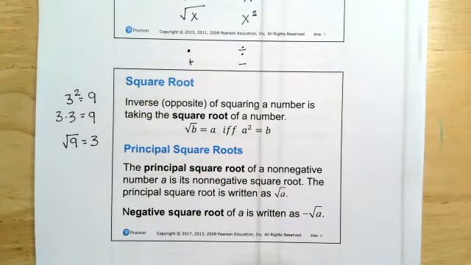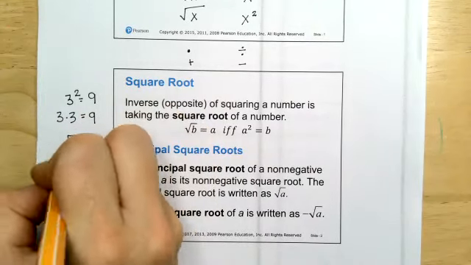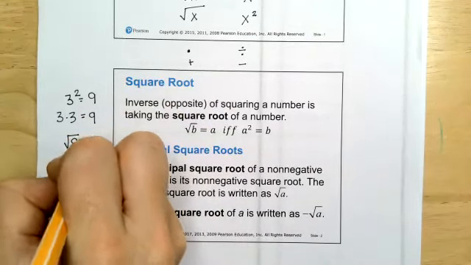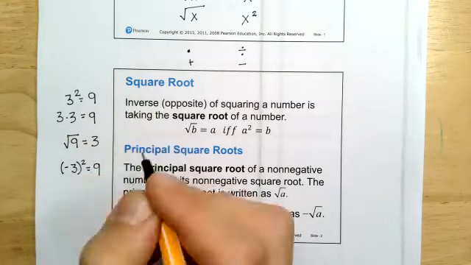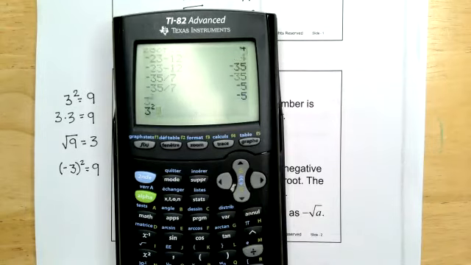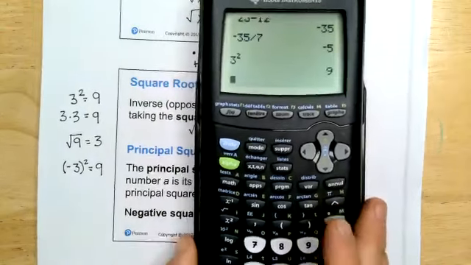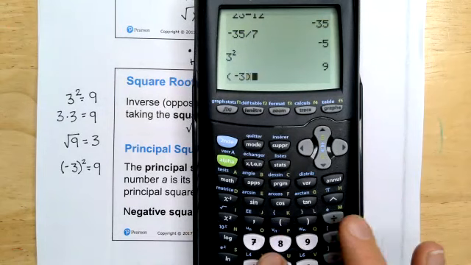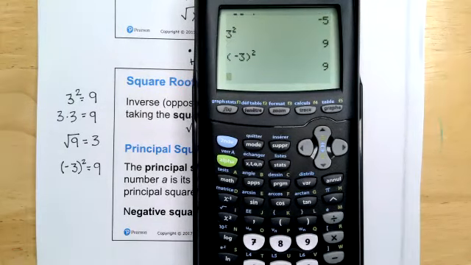There is another square root of 9. It's -3 because -3 squared is also 9. 3 squared is 9. -3 squared is also 9.